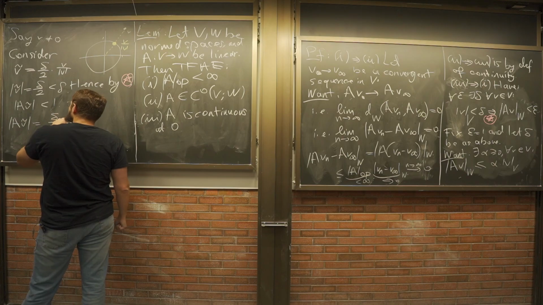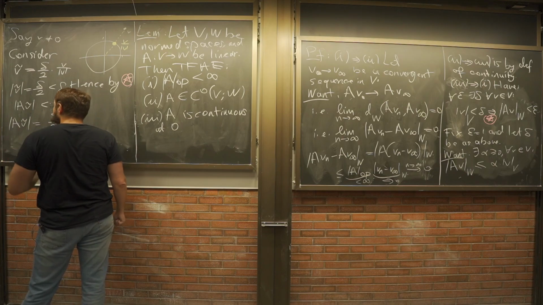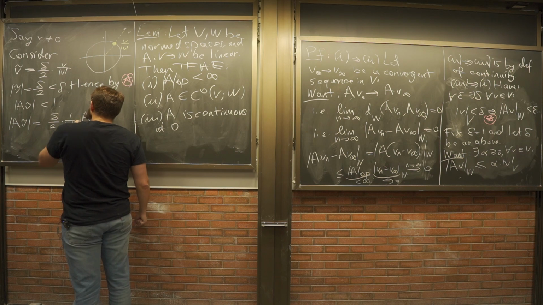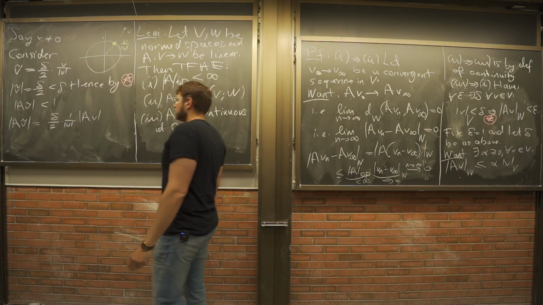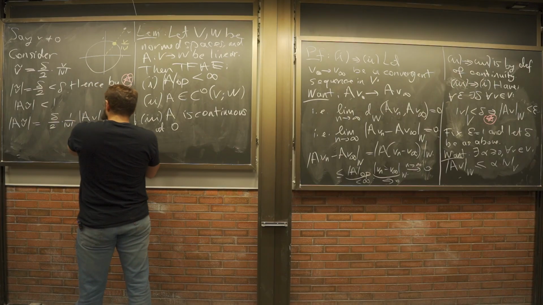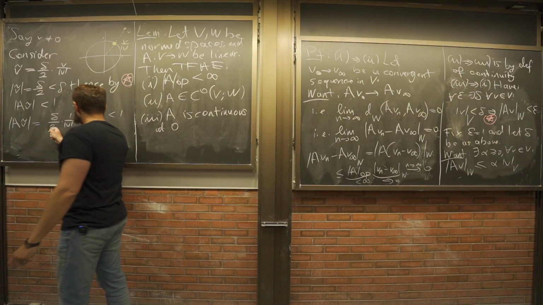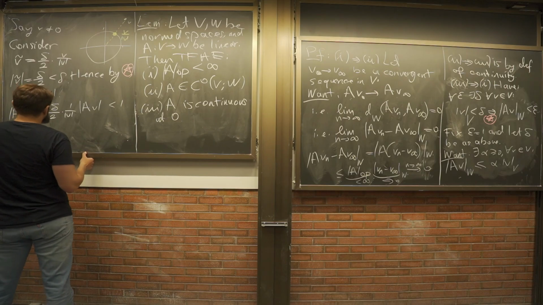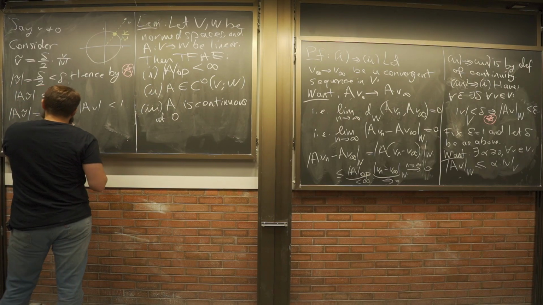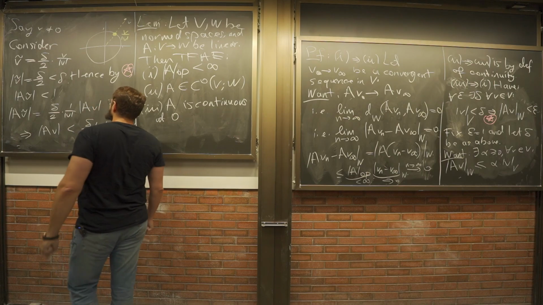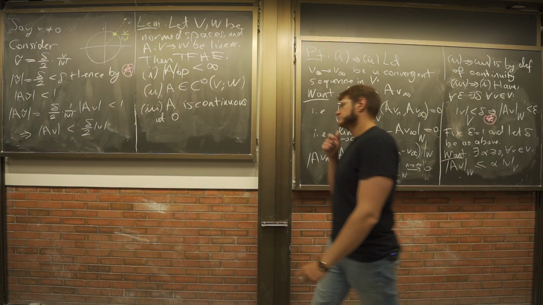This is a positive number, which means I can take it outside the norm as well by one of these axioms, times A V. It's less than 1. Take this stuff to the other side. Gives you this, which is what I wanted.